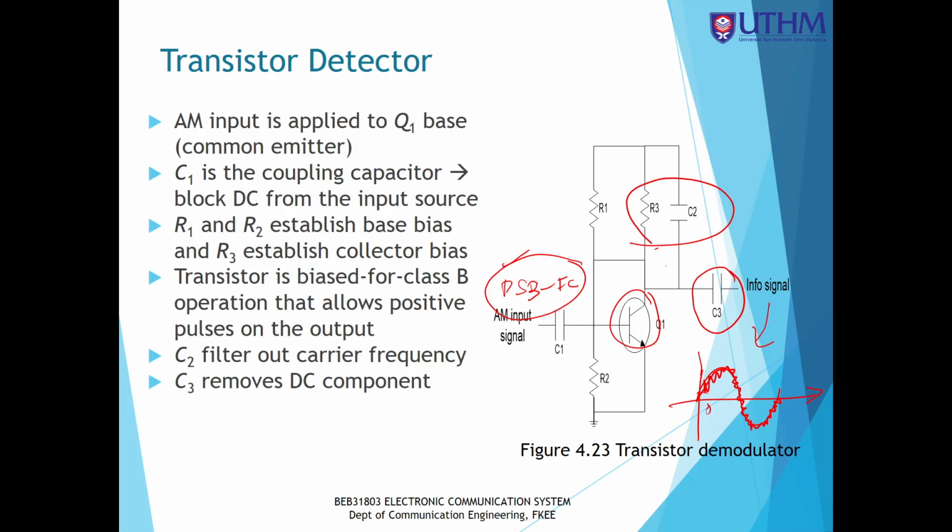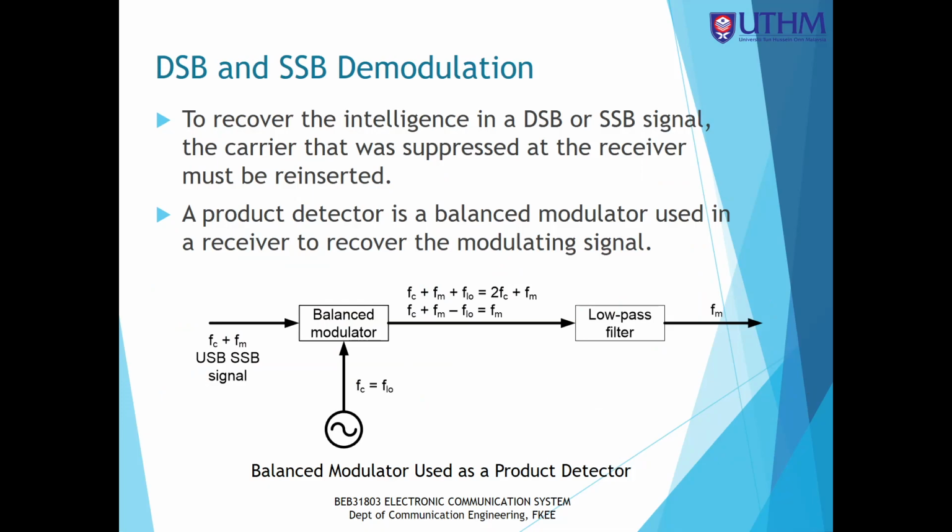So we need additional filters to smoothen the output signal. Okay, see that C3 removes the DC component.